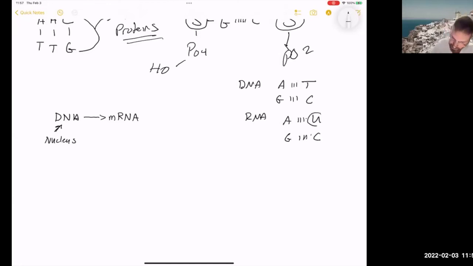So thymine is replaced by uracil in RNA. So it's not an exact copy, but it's the same information.